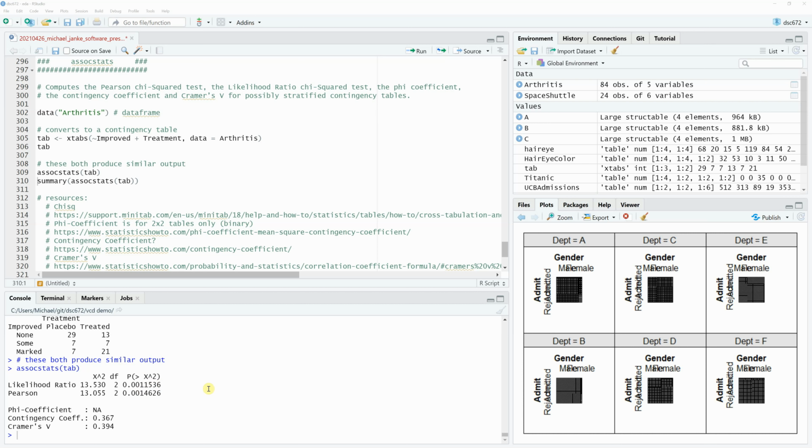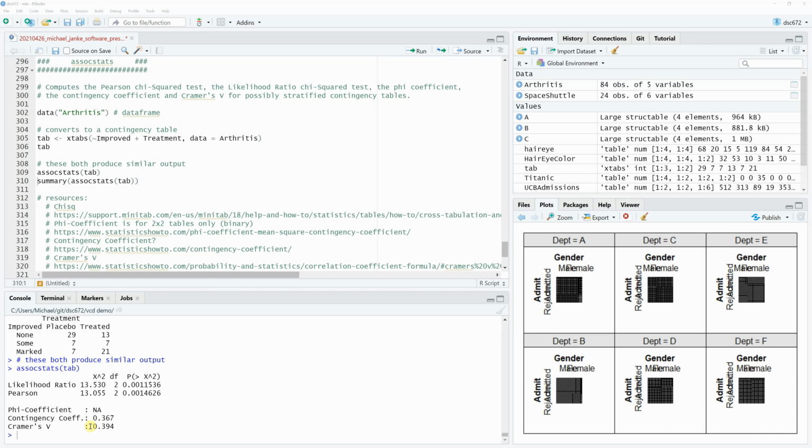Same with these two down here, the contingency coefficient and the Cramer's V. Both of those give us an insight into not only are they associated in some way, but what are the strengths of those associations. They're on a scale from 0 to 1. 1 means they're perfectly associated, 0 they're not associated at all.